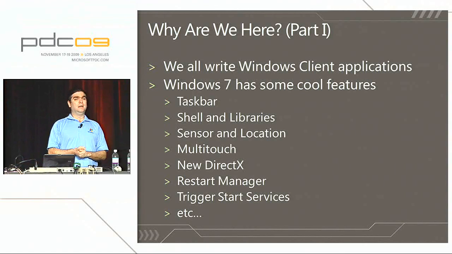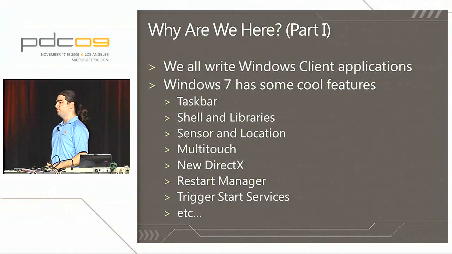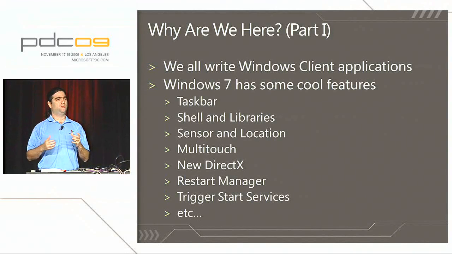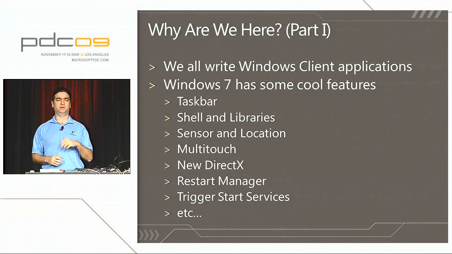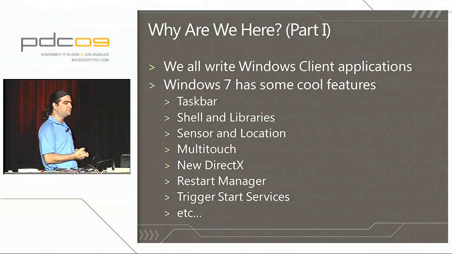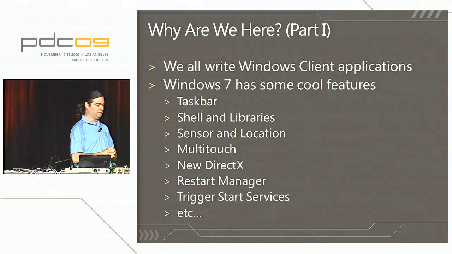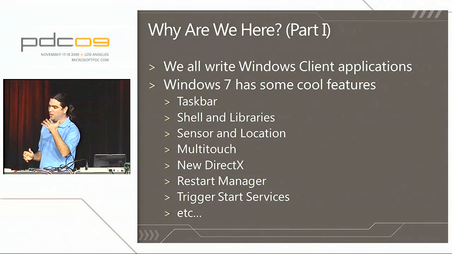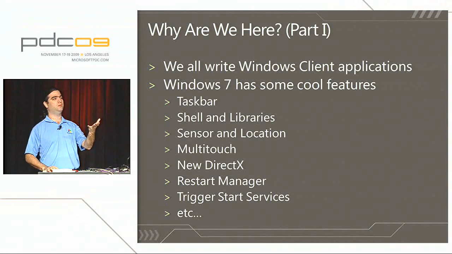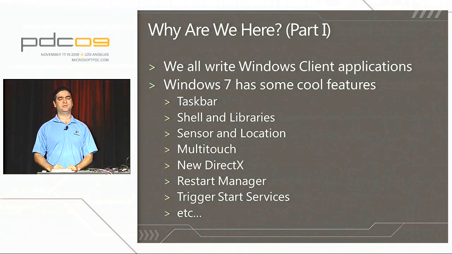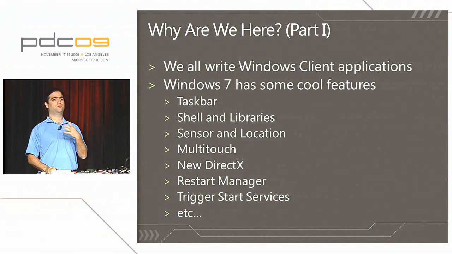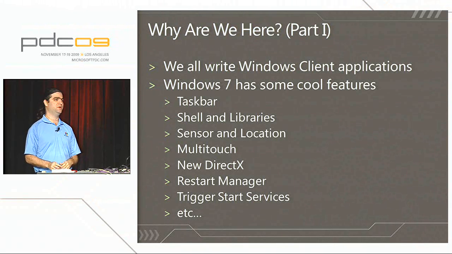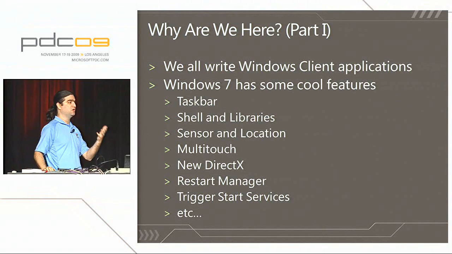So as we write applications, we strive to make the application perform at its best on any OS that we install, either XP or Windows 7. We don't do it on Vista, of course, but yeah. As we do that, we will probably want to take advantage of specific features or create the best experience on a given OS.